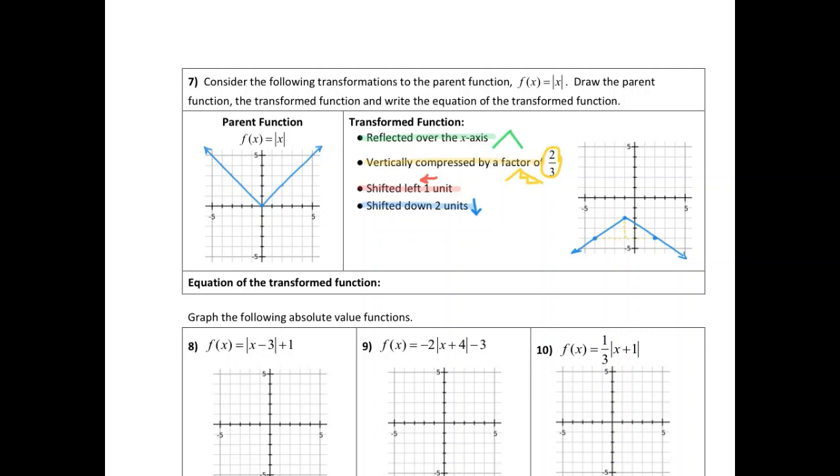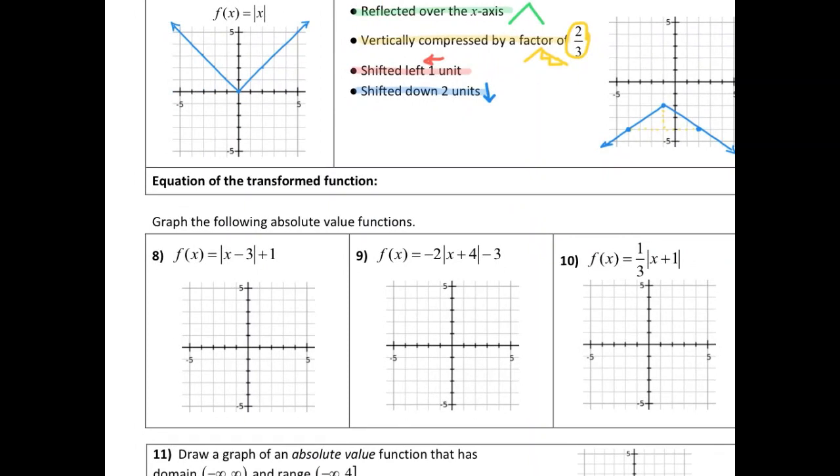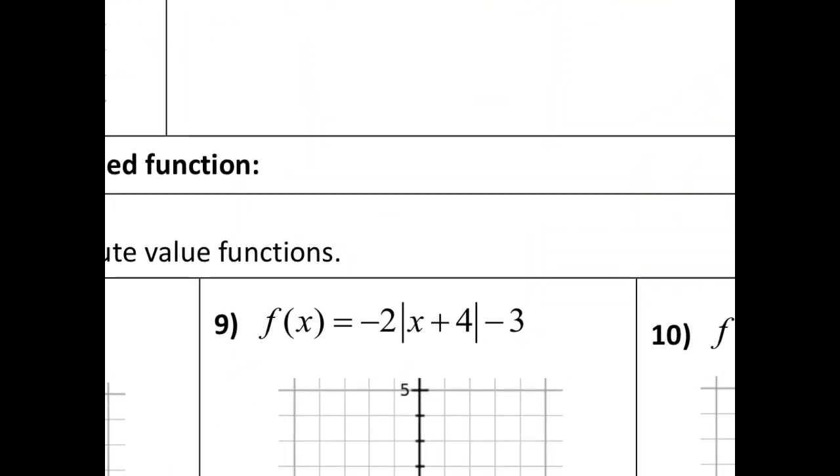Now, if you are working with a graphing calculator, you can use the buttons alpha and then window.